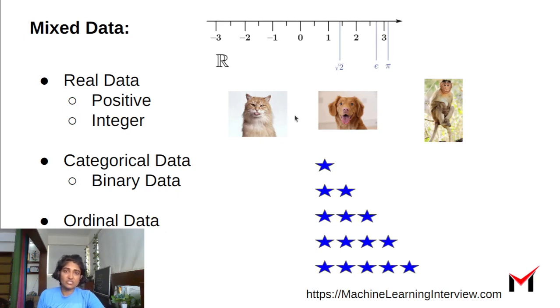For instance, you cannot say a cat is less than a dog or a monkey is greater than a dog and so on. A particular subset of categorical data is binary data like male or female. You also have ordinal data, which is like 1 star, 2 star, 3 star, 4 star, 5 star, where there are 5 classes, but there is an order to the classes.